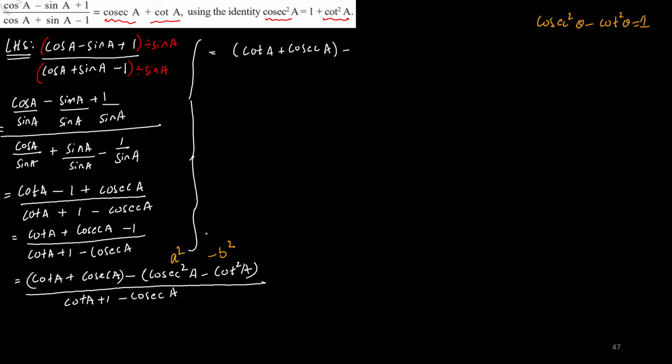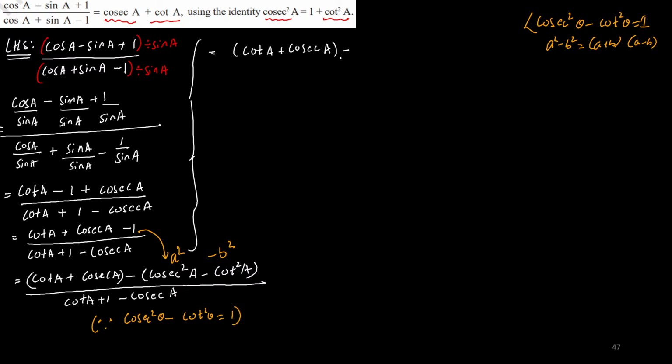And over here, when you have replaced 1 by cosecant square A minus cot square A, you have to write the identity as a reason. If reasons are not written, one mark is deducted. So I should write cosecant square theta minus cot square theta is equal to 1 as the reason.